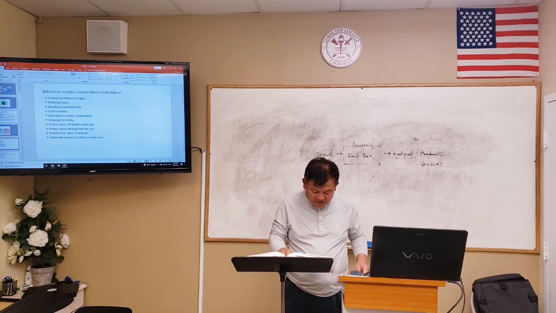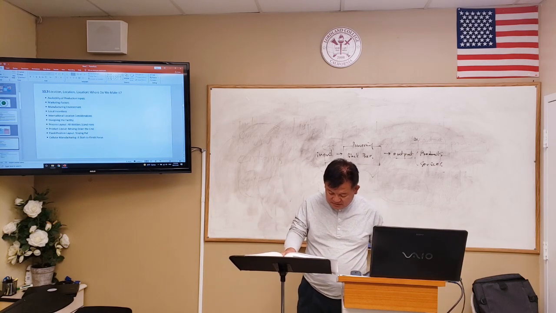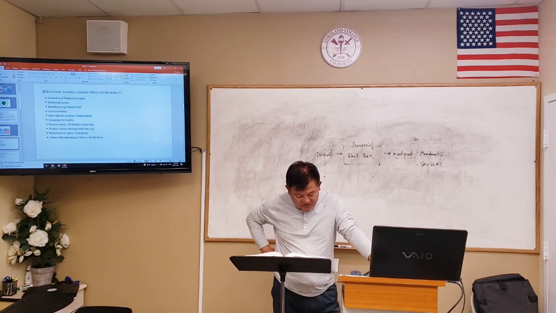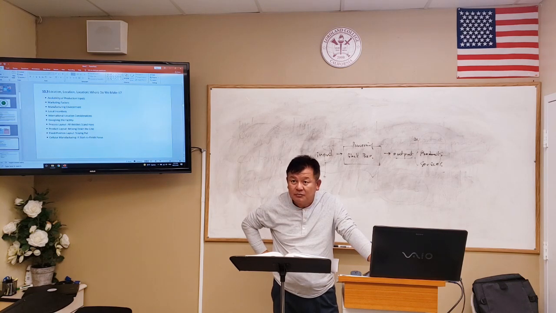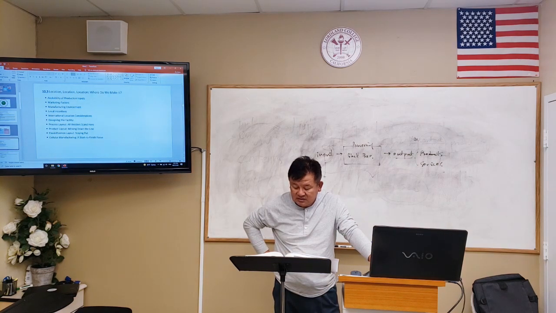First, availability of production input. As we discussed earlier, the organization needs certain resources to produce products and services for sale. For example, the furniture design. So access to these resources or inputs is a huge consideration in site selection.